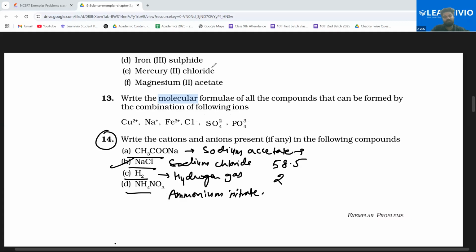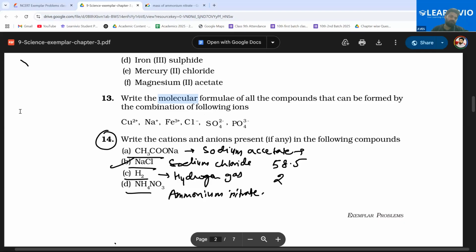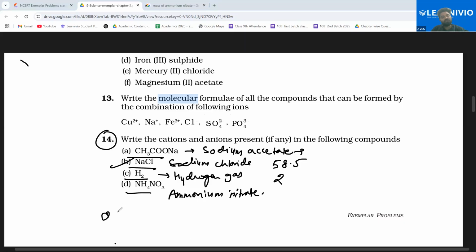The mass of sodium acetate, 82, is correct. The mass of ammonium nitrate, 80, is also correct. Still, let's check it once by ourselves. There are 2 nitrogen atoms, so 2 into 14, total 4 hydrogen means 4 into 1, plus 3 oxygen means 3 into 16.